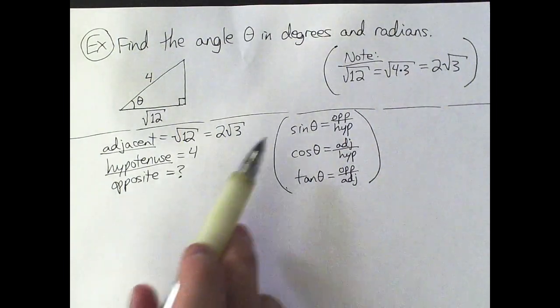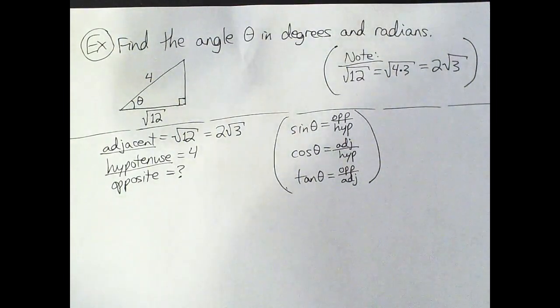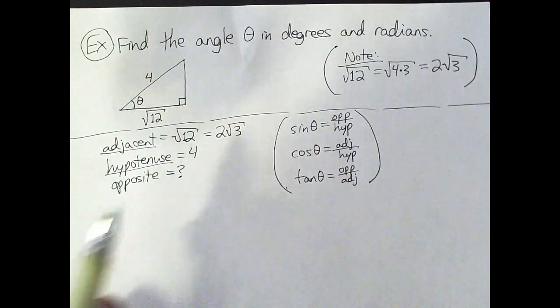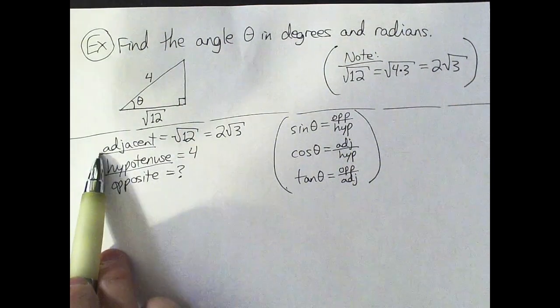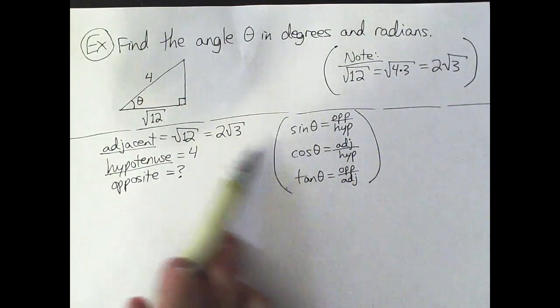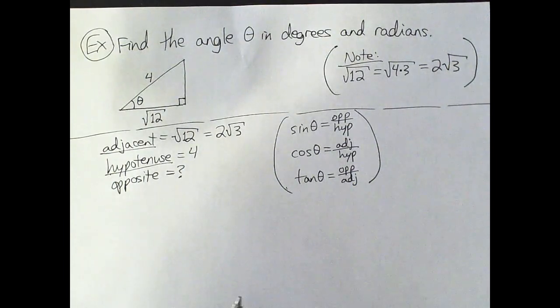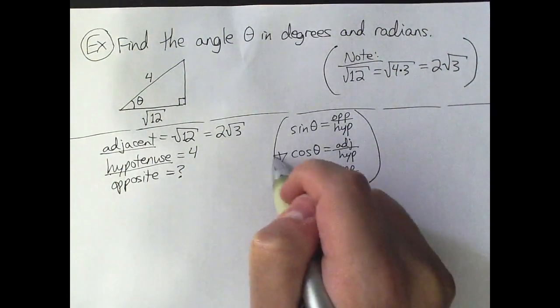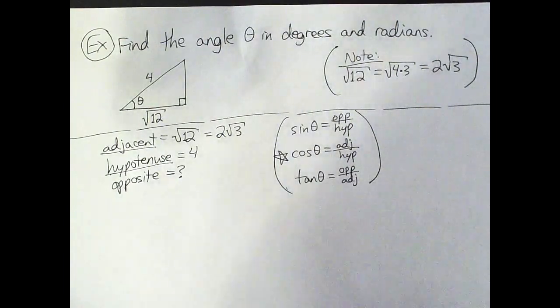That's something you could do as a quick mental check in your head. You don't necessarily have to write all three. I think because we know the adjacent side length and we know the hypotenuse, cosine is something that we could work with. I'm going to put a little star next to that for this problem. For some other problem, if we were given some other side lengths, we might use one of the other trig functions.